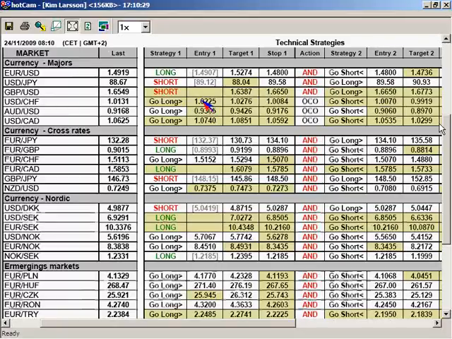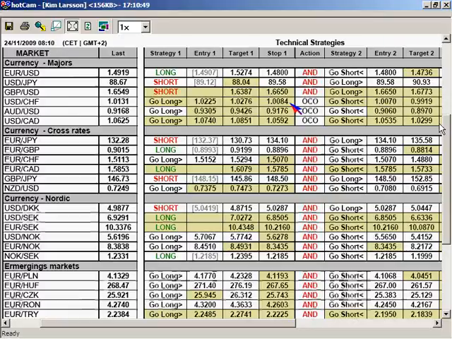Same looking at the dollar-Swiss, going long at 1.0225 with a target of 1.0276, and we have a stop at 1.0084. That is not a reverse. That is just a stop.